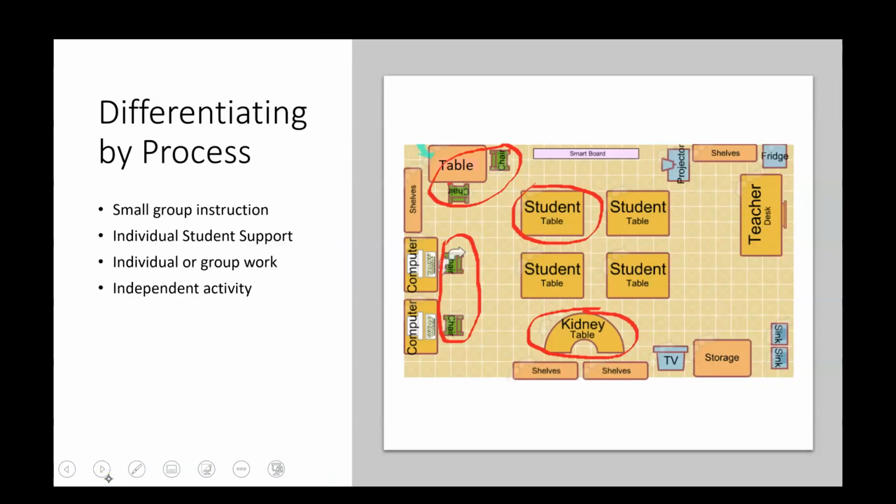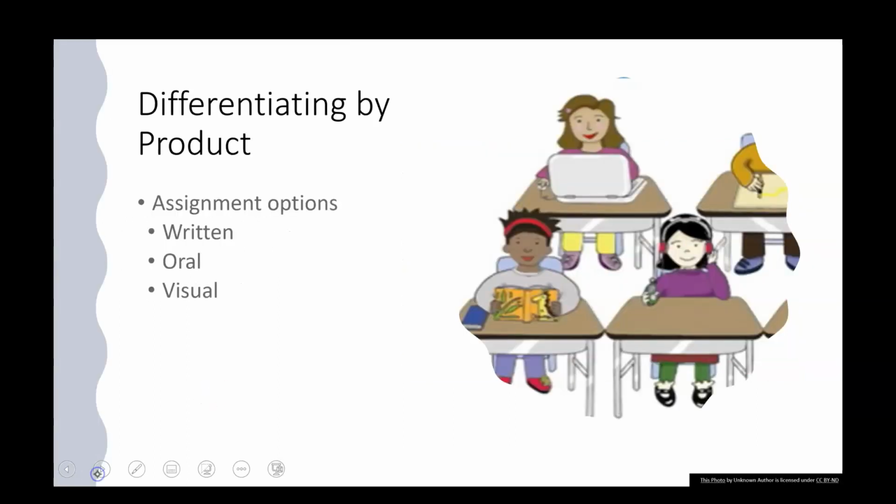If you're differentiating by process, then maybe you have a table, as on this example, where the teacher works with certain students, or you may have students working individually. So this gives a chance for students to learn at their best process.